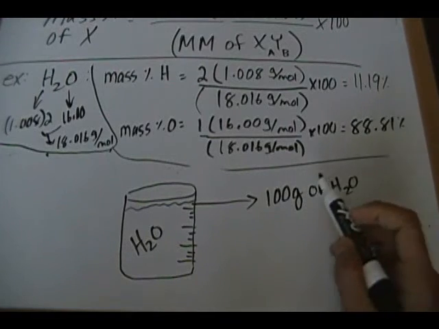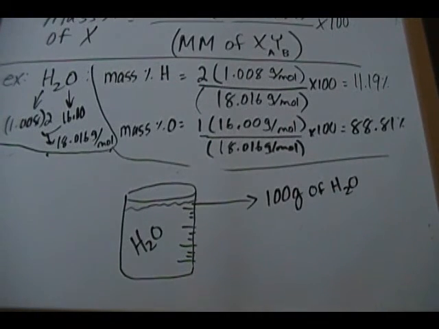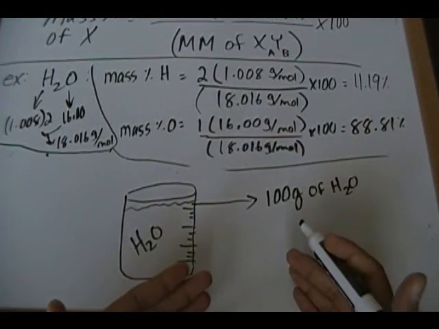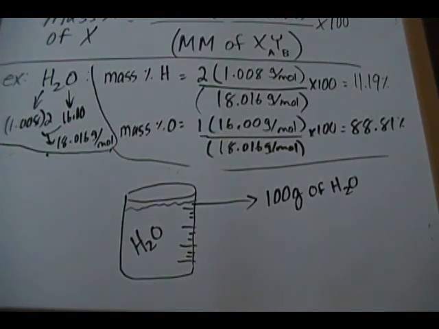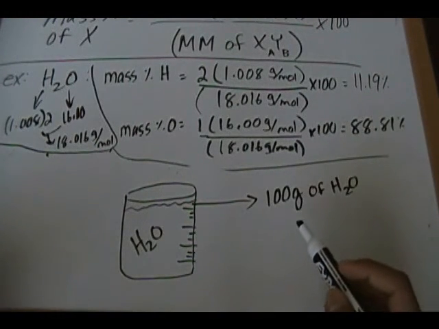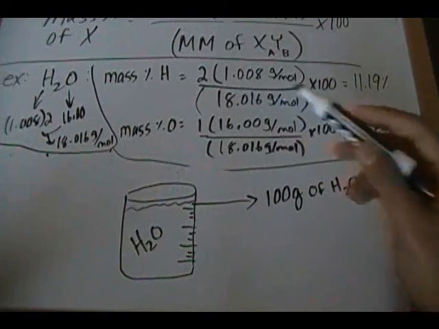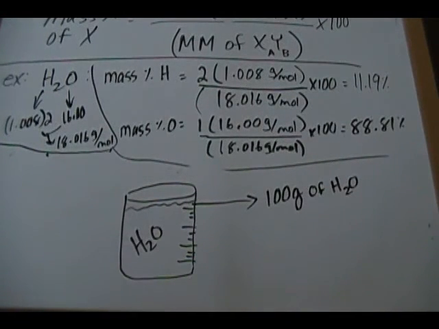It's also saying that in this 100 grams of water, 88.81% of that total mass is due to the mass of oxygen. So for example, if we wanted to figure out the mass of hydrogen, we have the mass percent of hydrogen.